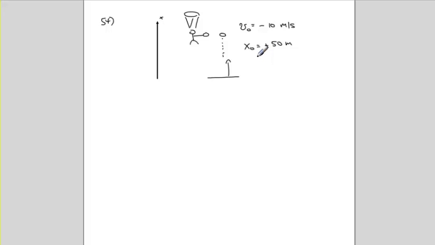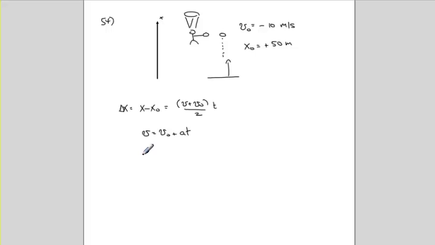Usually we need to know three things to be able to use the simple equations that we have. Remember what they are. Delta x, which is x minus x0, the displacement minus the initial displacement, is equal to the average velocity times time. That's the first one. The second one says that v is equal to v0 plus a times t.